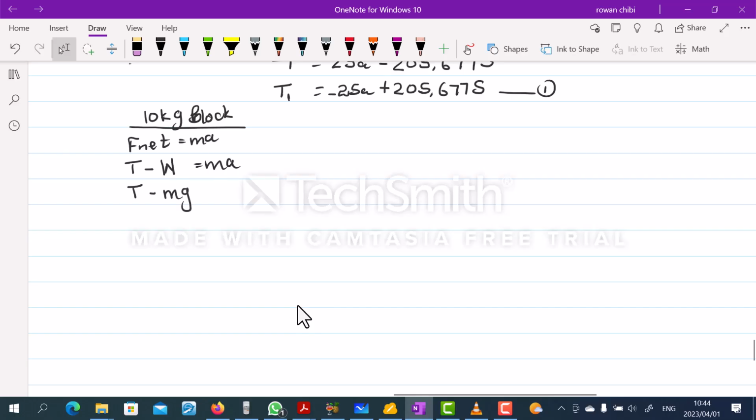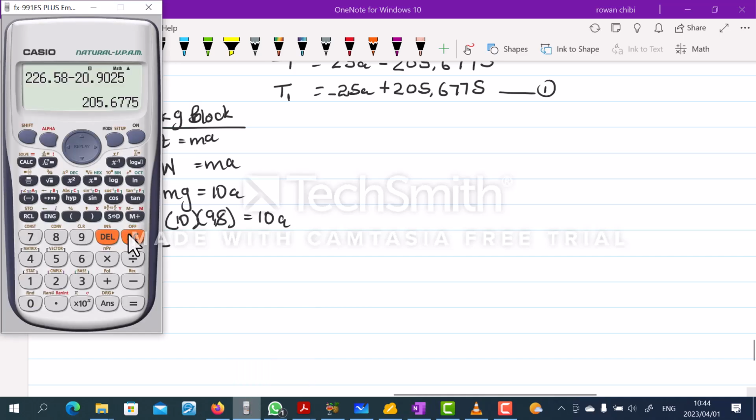We can find the weight. The mass is 10. We don't know the acceleration. So T minus 10 times 9.8 is equal to 10a. 10 times 9.8, I think is 980.